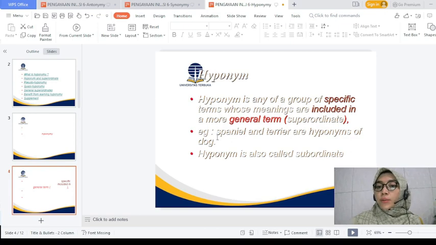For example, spaniel and terrier, which are kinds of dog, are hyponyms of dog. So spaniel and terrier can be called subordinate, whereas dog, the general term or general kind, we call the superordinate.